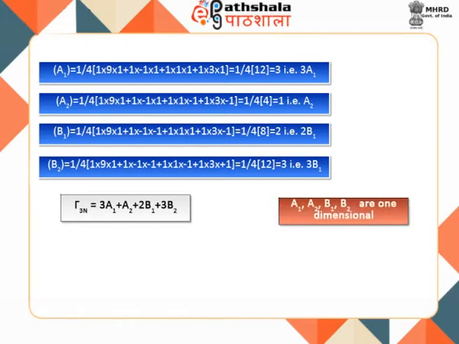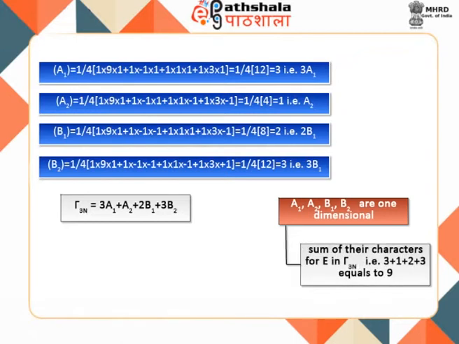Since A1, A2, B1, B2 are one-dimensional, the sum of their characters for E in tau 3n, that is 3 plus 1 plus 2 plus 3, equals 9. This exactly gives a cross-check of our result. These are the results obtained by taking 3n Cartesian coordinates as the basis. We can also get similar results by taking bond vectors as the basis for representations.